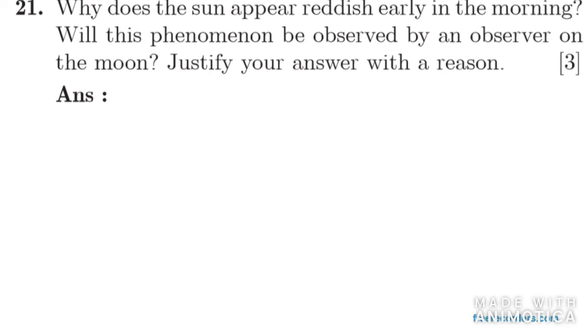Most of the blue light and other light of shorter wavelengths is scattered away by the particles in the atmosphere. Therefore, the light that reaches us is of longer wavelength, such as red light. Thus, the sun appears reddish early in the morning.